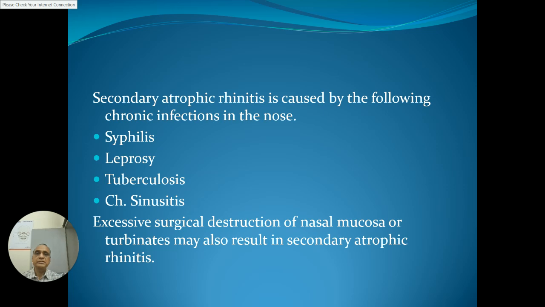Secondary rhinitis, I already mentioned, is because of chronic infections of the nose. Under that category, we can put syphilis, leprosy, tuberculosis, and also chronic sinusitis. Excessive surgical dissection of the nasal mucosa or turbinates may also result in secondary atrophic rhinitis.